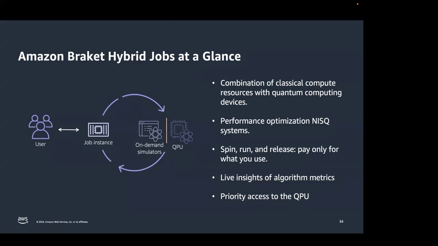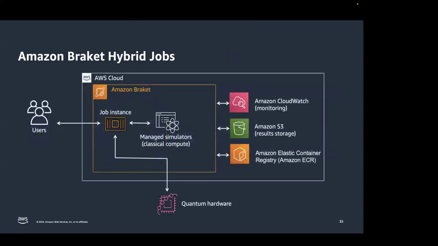So in a way, you're combining classical and quantum compute resources in an efficient way to optimize performance on these NISQ era devices. With hybrid jobs, you can also take advantage of monitoring services such as CloudWatch to look at the almost real-time progress of jobs and metrics, right? So the architecture of a hybrid job looks something like this, right?